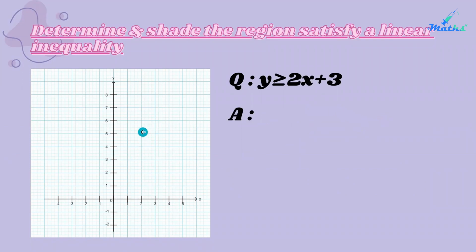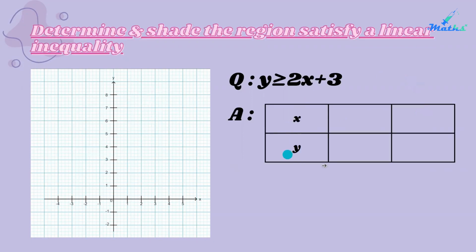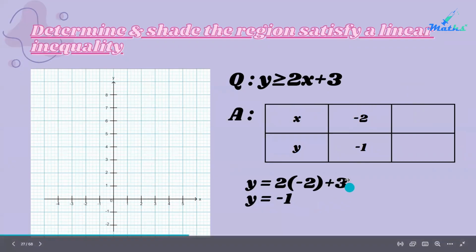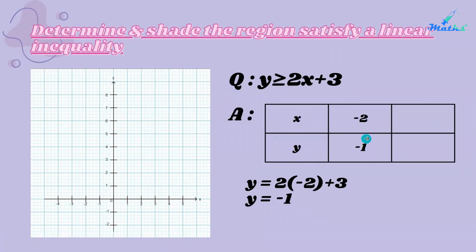So before we draw the line, we need to determine the points we need to form the line. So I did the table to check. This is the first point that I choose. I use -2 for x, and this is how I count the y, which is -1 for the answer.